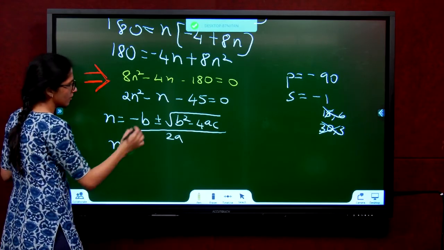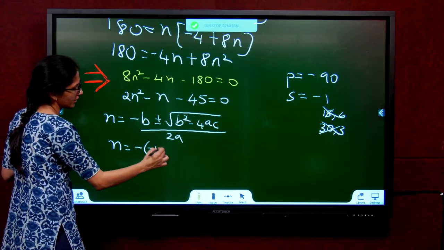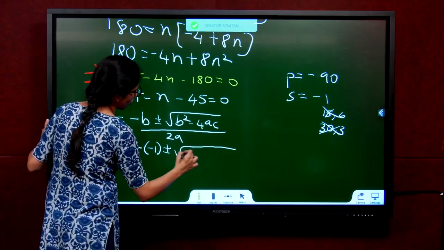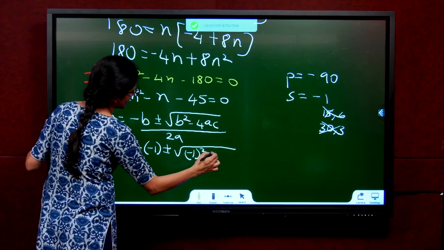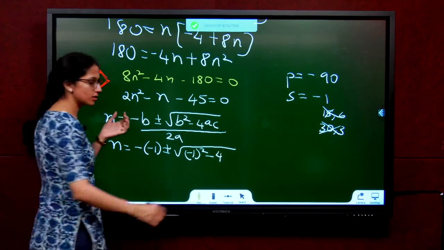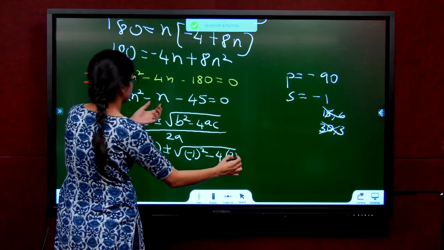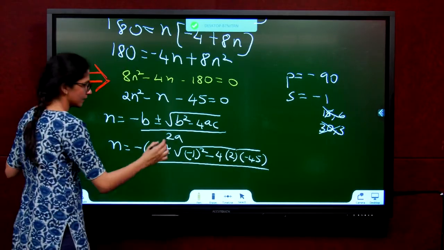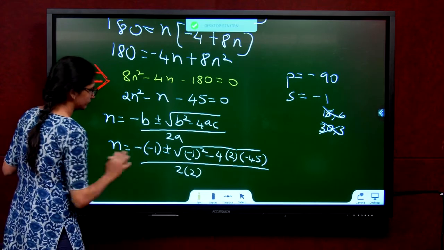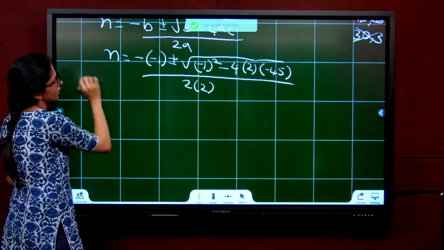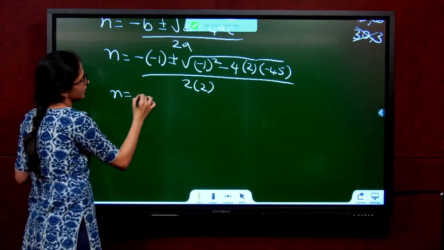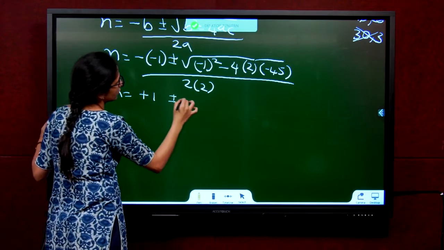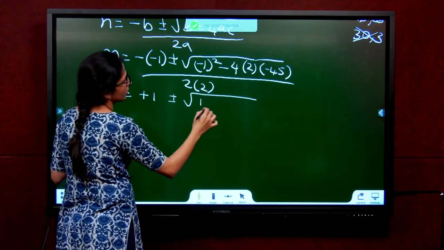n is equal to minus b, minus of minus 1, plus or minus root of minus 1 the whole square minus 4 into a, which is 2, c is minus 45, divided by 2 into 2. n is equal to plus 1 plus or minus root of minus 1 the whole square is 1.